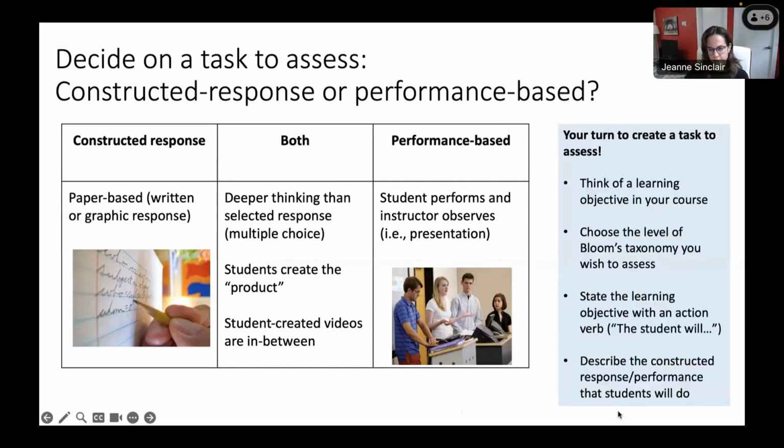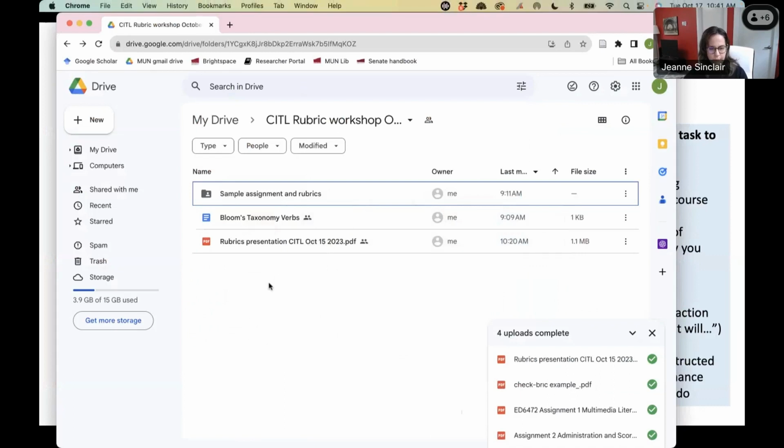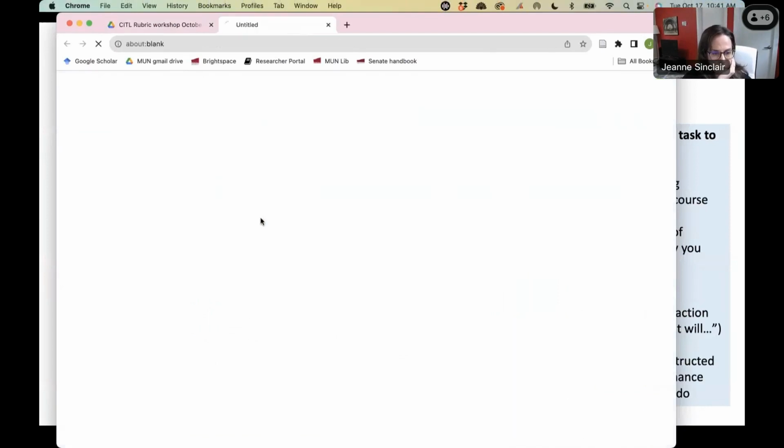Okay, so we're going to take a moment here and it's your turn. Think of a learning objective in your course. It could be any of the courses that you're teaching. Think of one learning objective and choose the level of Bloom's taxonomy that you wish to assess. Let me see if I can go to our drive. This is the link that I shared in the chat, and you can open up Bloom's taxonomy verbs.